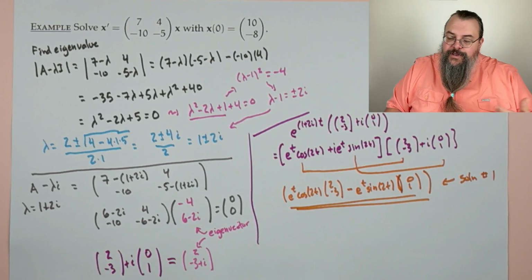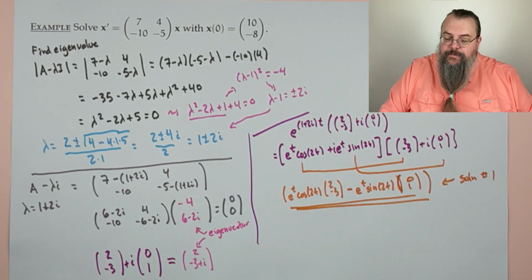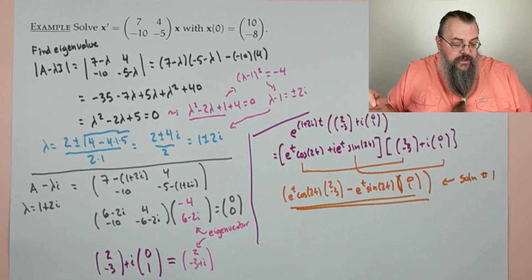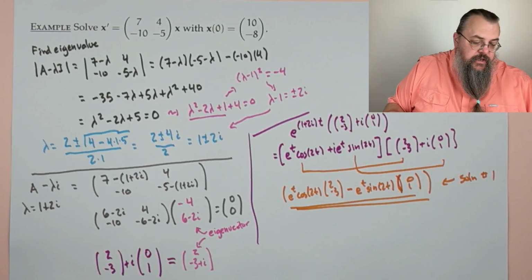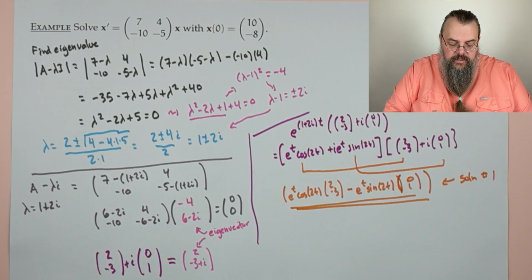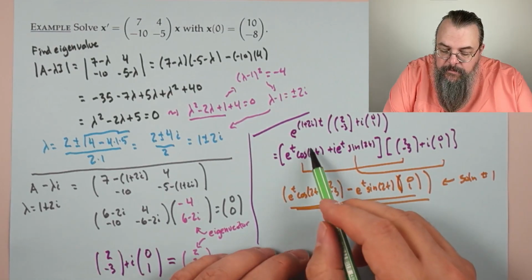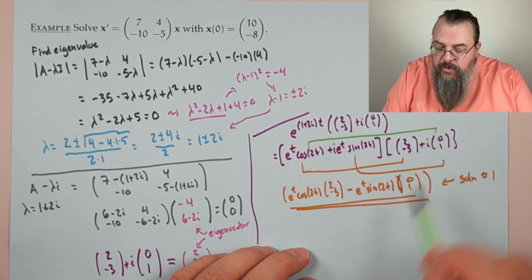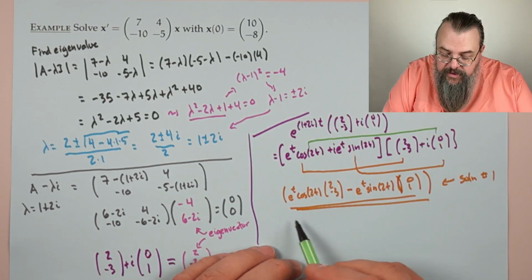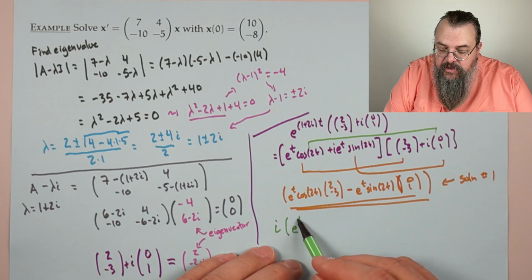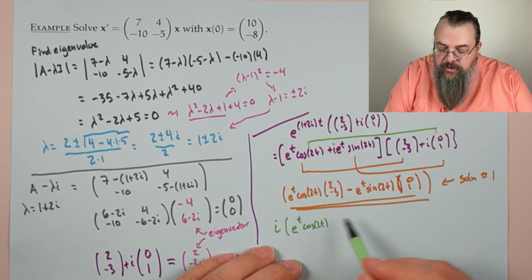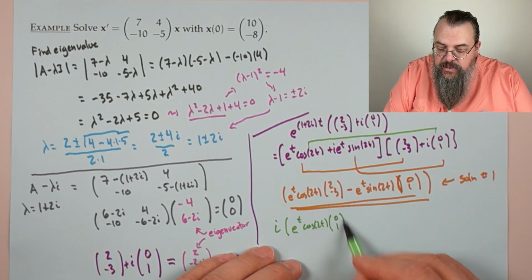Now we'll do something similar for our imaginary parts. All right, let me grab an appropriate color. We'll do the outermost, so we'll get an i, and we'll have e to the t cosine 2t times 0, 1.